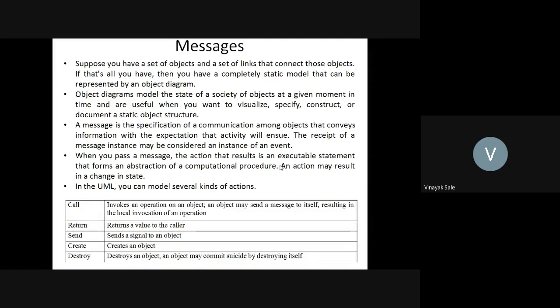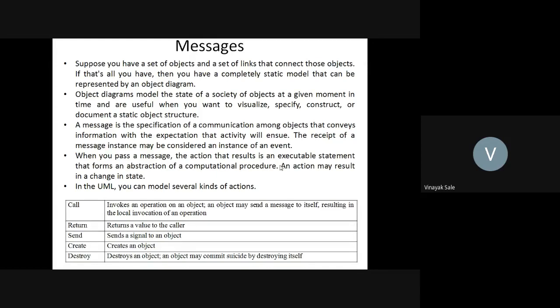Object diagrams model the state of a society of objects at a given moment in time and are useful when you want to visualize, specify, construct, or document a static object structure. A message is a specification of communication among objects that conveys information with the expectation that activity will ensue.